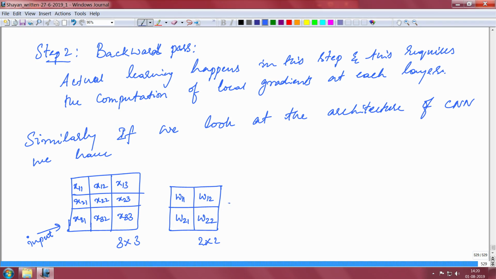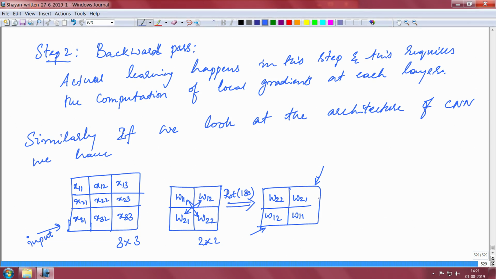You just consider this filter and you exchange these two elements and similarly these two elements. So, we get W22, W11, W21, W12. Now, this is rotation by 180 degree.